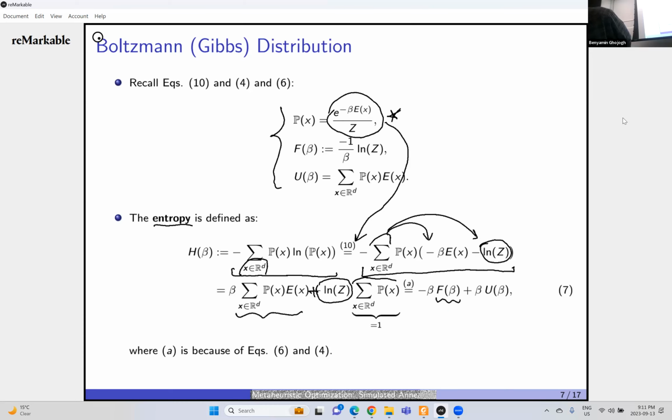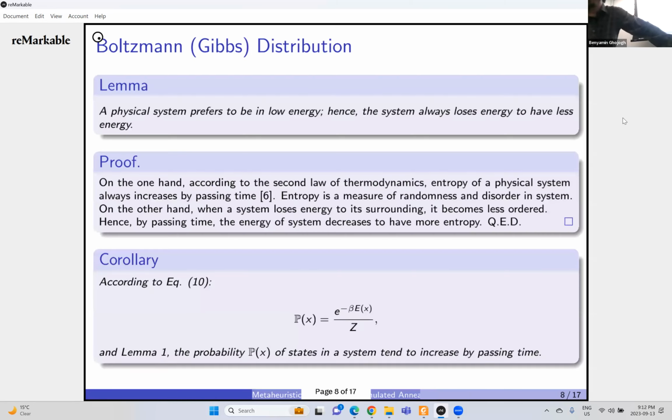And what is this? Summation of P of x. Can you tell me? It's 1. Do you agree? The summation of all of the probabilities is 1. So I will have this plus ln of Z, which, according to this formula, becomes minus beta F of beta. So we could simplify this equation into this, equation 7. Now, lemma.